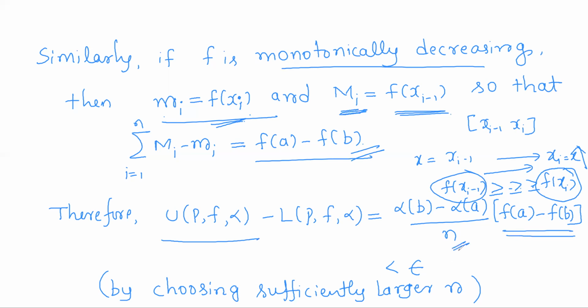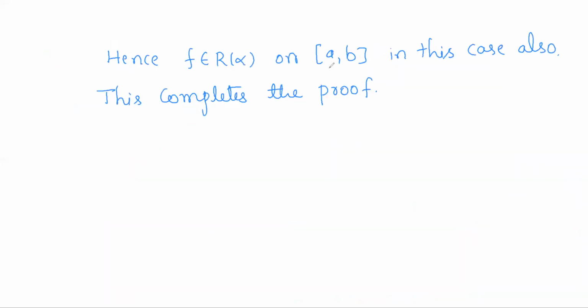And as this is in general for any natural number n, by choosing a sufficiently larger n, the right hand side value can be made less than any given positive value. Which shows that for any given positive epsilon, we found a partition P such that UP of alpha minus LP of alpha is less than epsilon. This holds in the case of a monotonically decreasing function also.